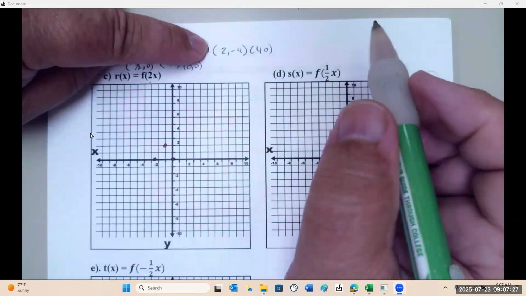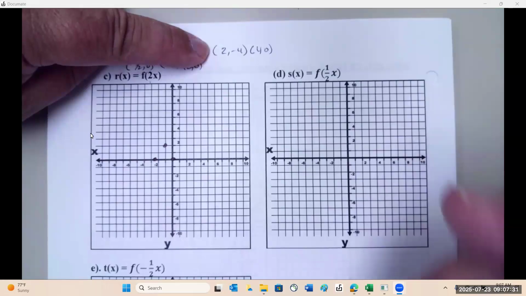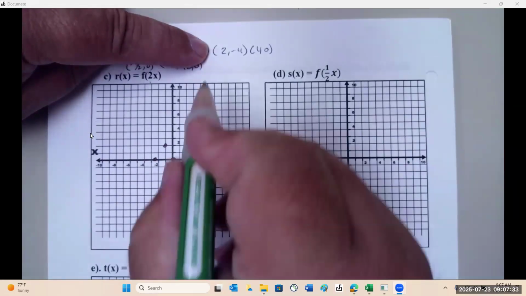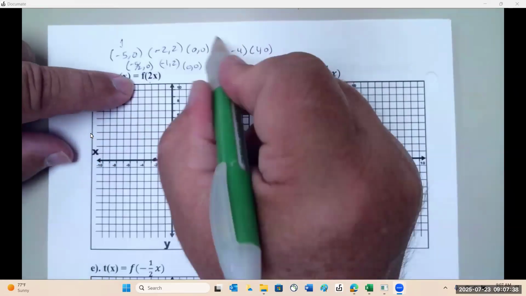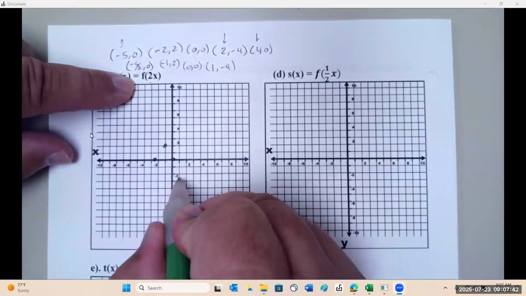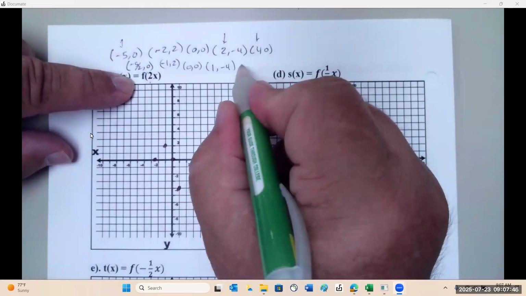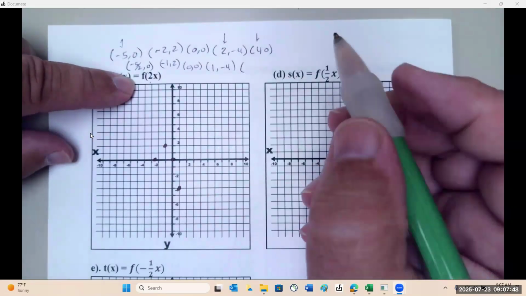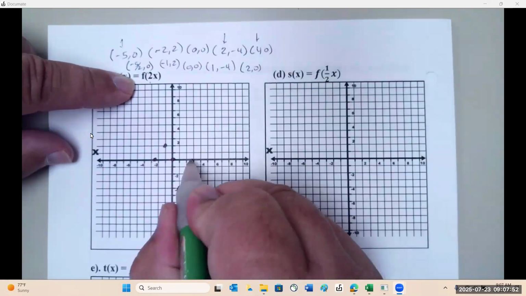What does the fourth point become? It becomes 1, -4, because the only thing that changes is my X value. The Y value stays the same. And the last one, 2, 0.